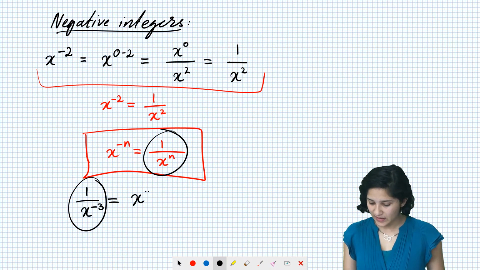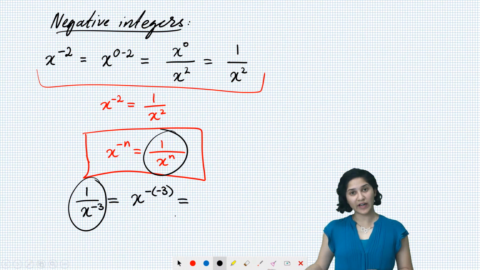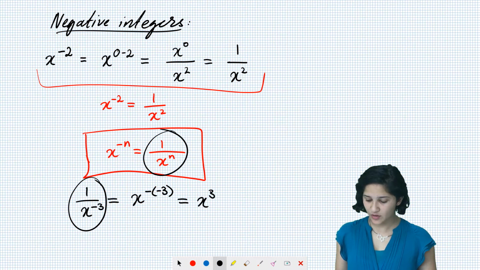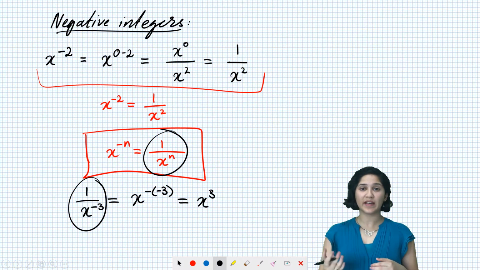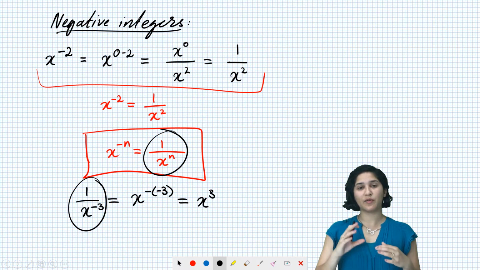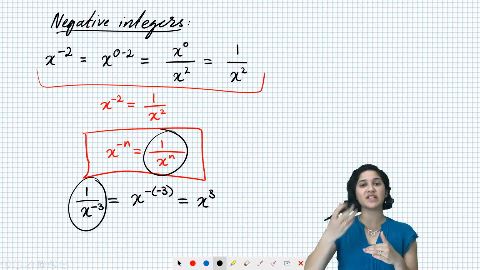So I say negative whatever the old power was. And we know that negative 3 is the same as positive 3. So that's just x cubed. So what we realize is by making the power negative or changing the sign of the power, we're moving the number from the top of the fraction to the bottom of the fraction, or from the bottom of the fraction to the top of the fraction.